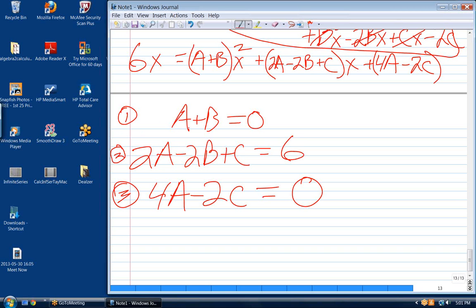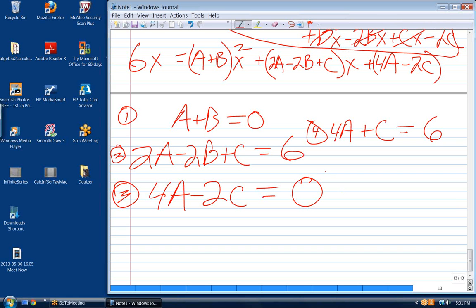So if I multiply the top equation by 2 and add it to the second equation, I get for equation 4, 4a, the b's cancel, plus c equals 6.